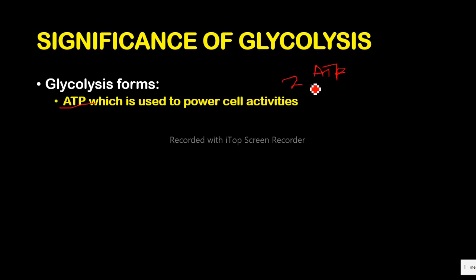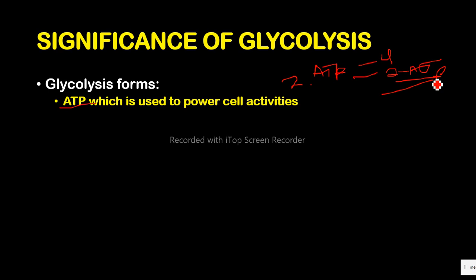You invest two, you produce 4, and then 4 minus 2, the one you've used, so you produce a net of 2 ATP molecules. So for organisms that undergo anaerobic respiration, that's how they produce 2 ATP molecules. However, it's robust, it's rapid. However, you produce just 2 ATP molecules.